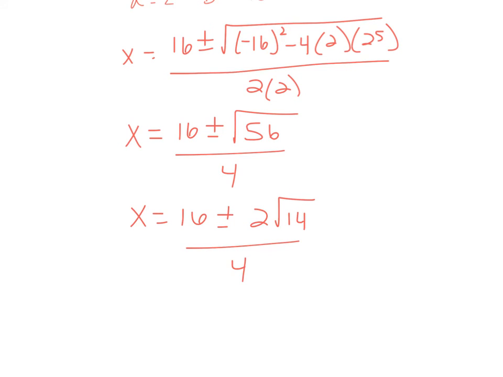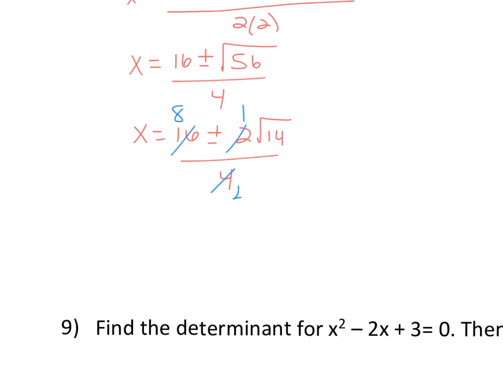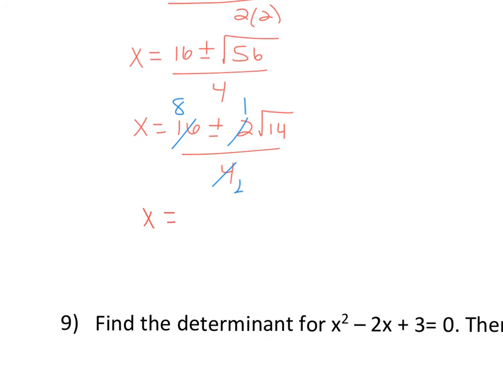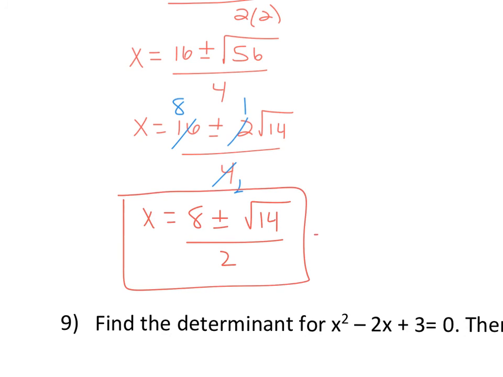Again, if you can take something out of all the outside numbers, not the inside, you need to go ahead and do that. I'm going to take 2's out of these and get 8, 1, and 2. So x equals 8 plus or minus radical 14, divided by 2. This right here is your exact solution.